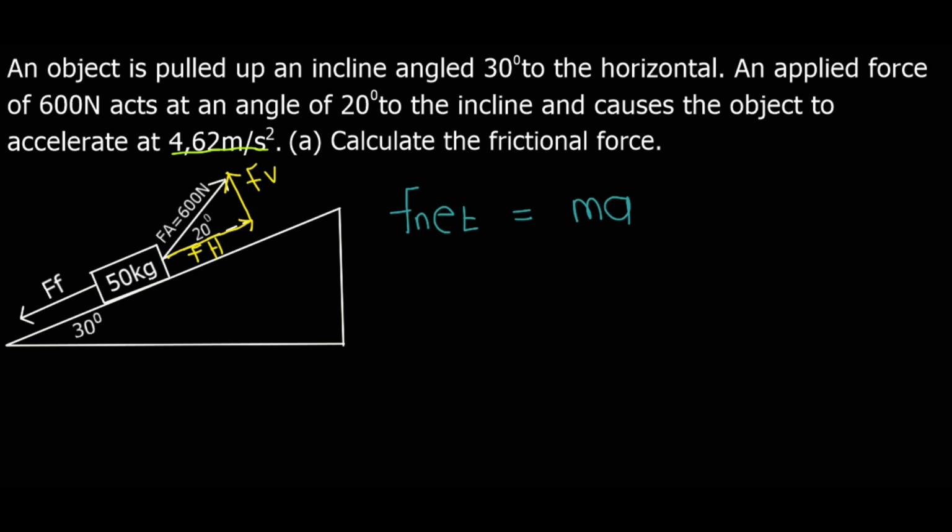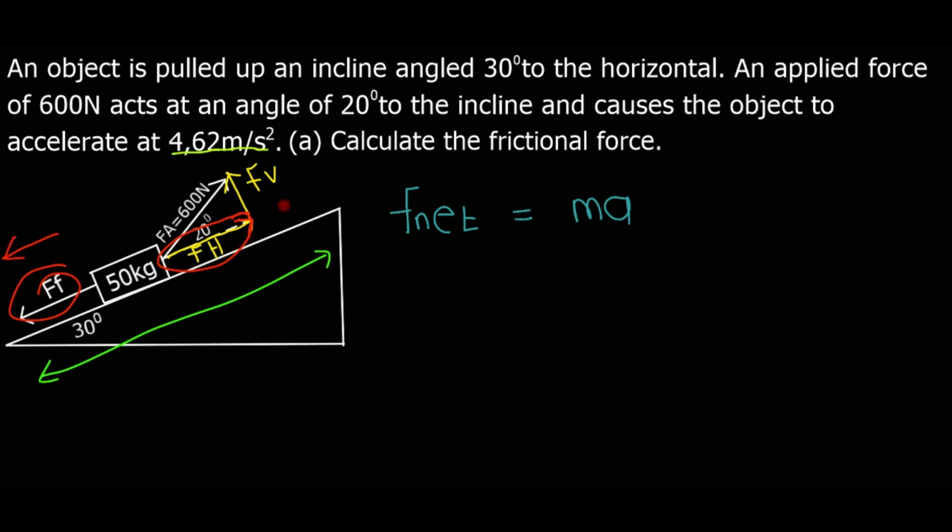But now let's substitute for Fnet. Substitute the forces that are parallel to the direction of motion. This is our surface, and these are the forces parallel to this surface: FH, the frictional force, and FG parallel.